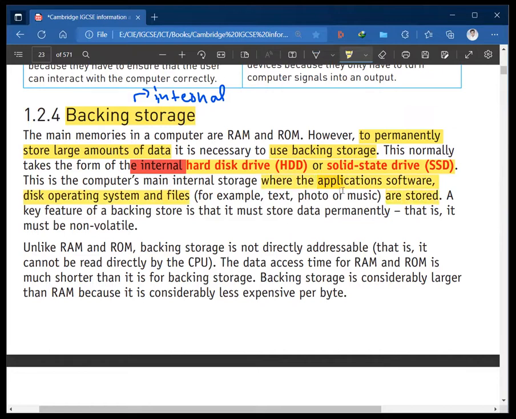Where are the application software, disk operating system, and files stored? Right. Now, one thing you need to realize is that these must be non-volatile. What is the meaning of volatile?